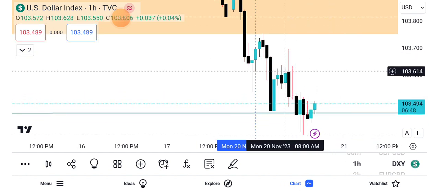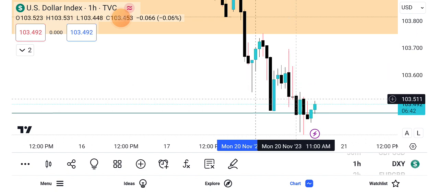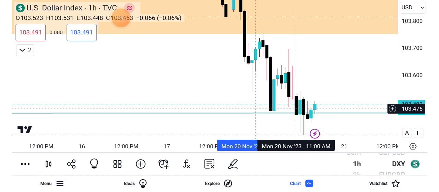As you can see, these candles, huge candle, again we had these higher candles, but the bear market was in control.